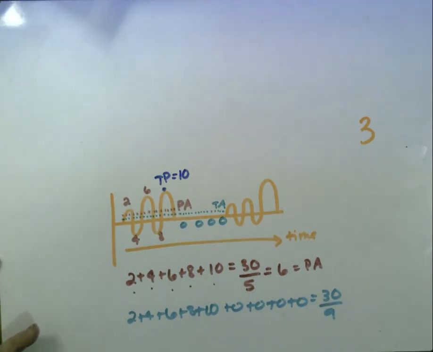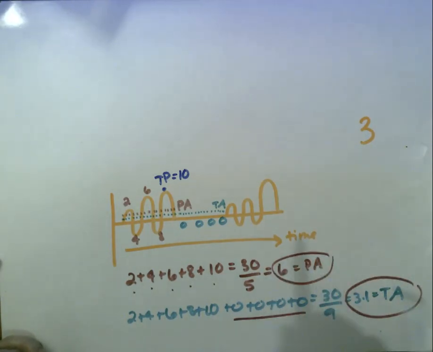Roughly 30 divided by 9, we'll just call it 3.1. 3.1 then is going to equal our temporal average. So right now we can already see that by including these zeros, temporal average is less than our pulse average. And then all of that is less than our temporal peak.